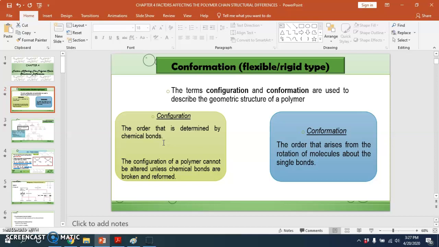So the configuration of a polymer cannot be altered unless chemical bonds are broken and reformed. For conformation, the order arises from the rotation of molecules about the single bond.